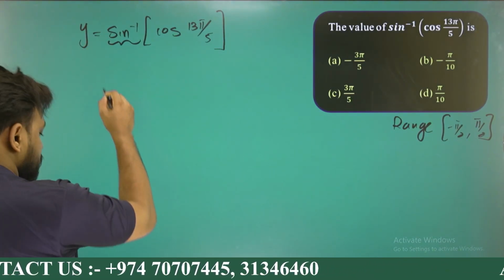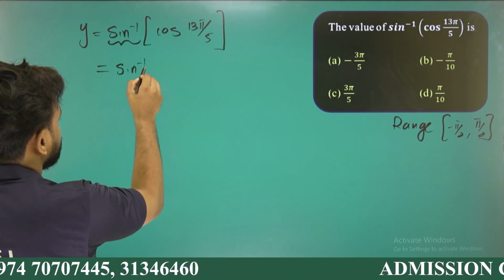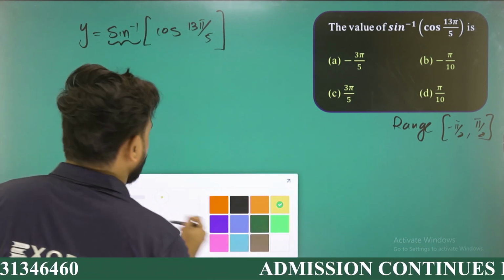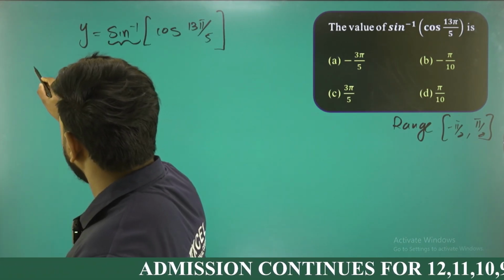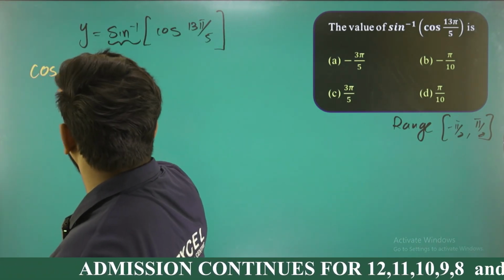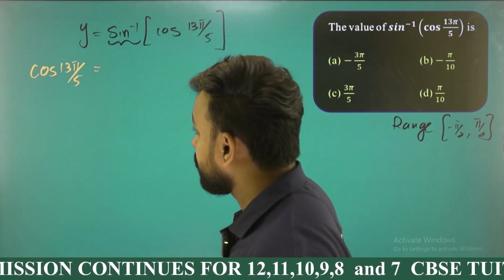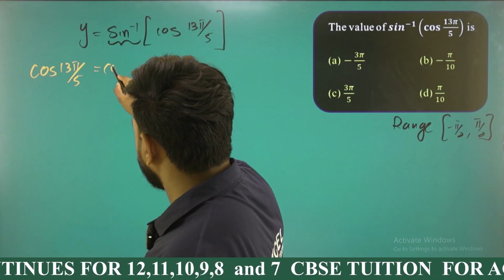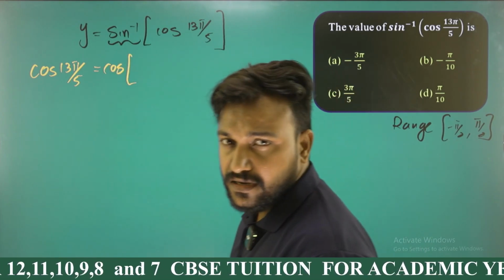So here I'm going to calculate the value of cos 13 pi by 5, the thing inside, first. How many 5s are there in 13? 2.